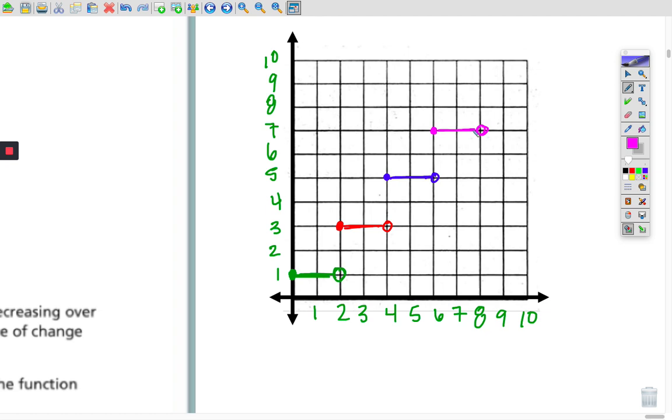So the first one we did on 6 was a piecewise function. The second one would be what we consider a step function because it's more of a constant rate.